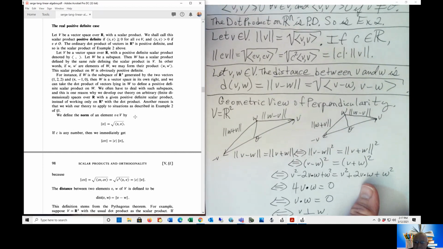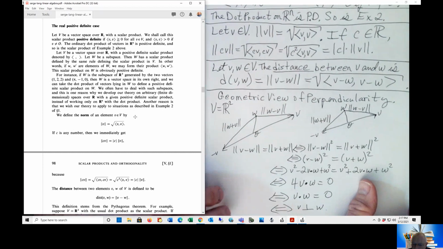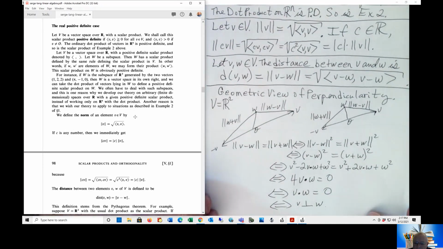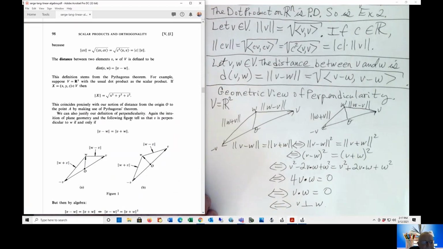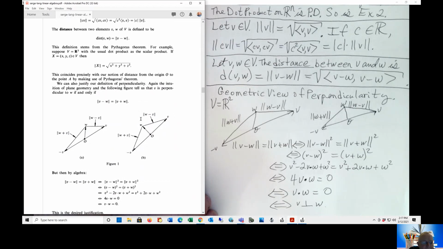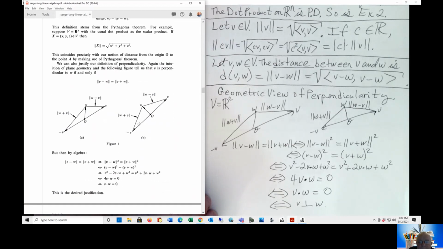Well, looking at the triangles here, we see a geometric justification for the definition of perpendicularity. Here it is. As you look here at the triangles, the one on the left is scalene, the one on the right is isosceles.